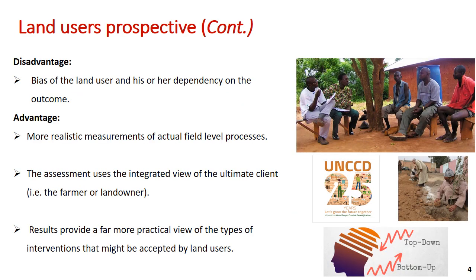So you would see that this kind of assessment based on land user perspective has a lot of advantages. Number one, you will get a realistic measurement based on the actual things that are happening in the field, because you would ask the people who live over there. Secondly, this kind of assessment would integrate all the stakeholders.